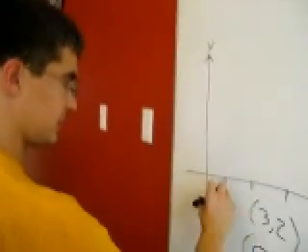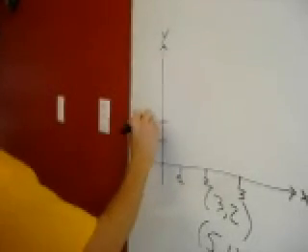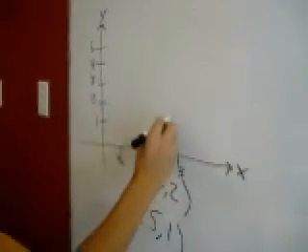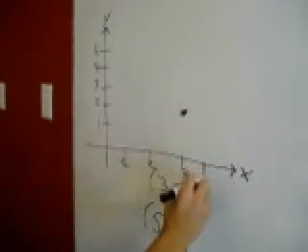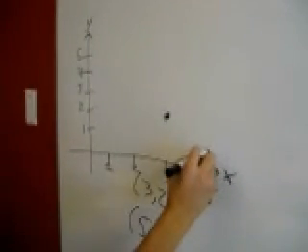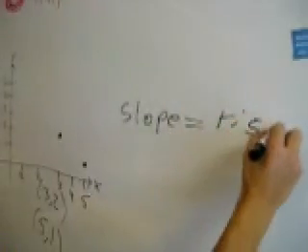I'll first plot out these points here. So we got 3, 2. We got 5, 1. So now the slope formula. Slope is equal to rise over run.